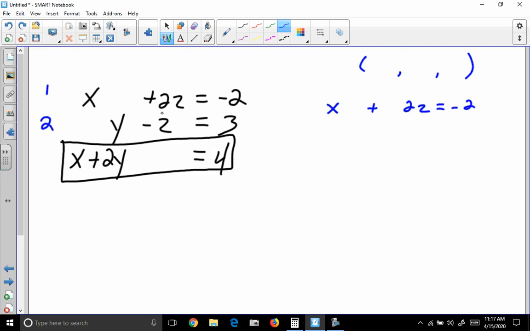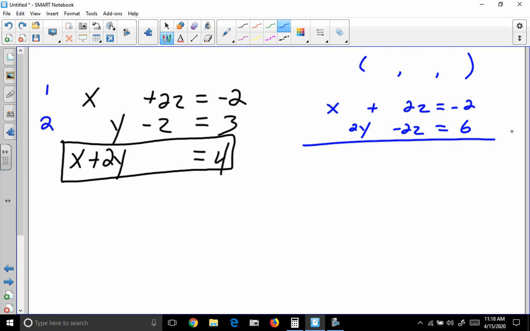If this is 2, we would need a minus 2 for these to cancel each other out. So let's double this equation. So 2 times y, 2 times minus z, 2 times 3.